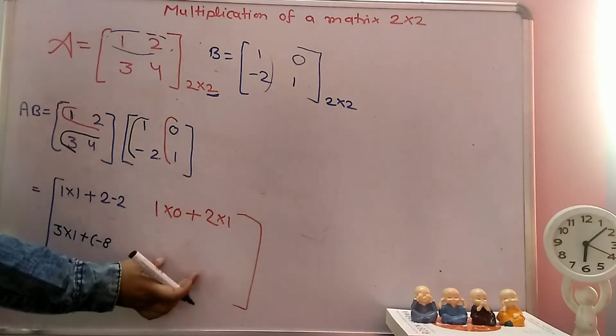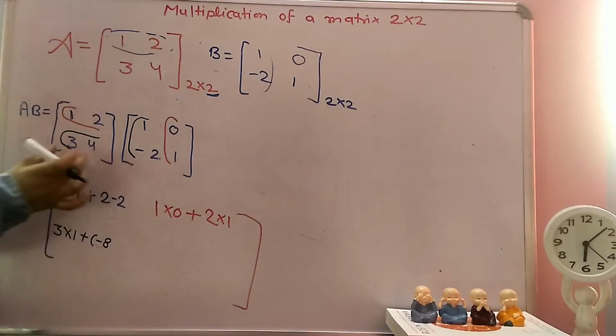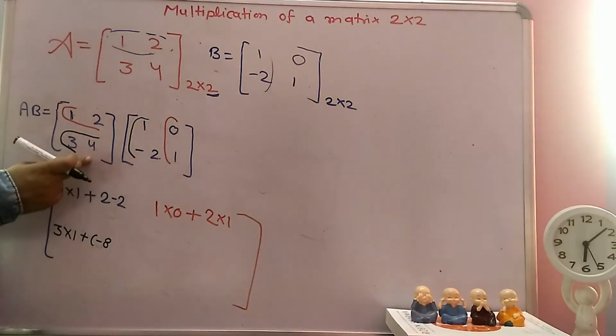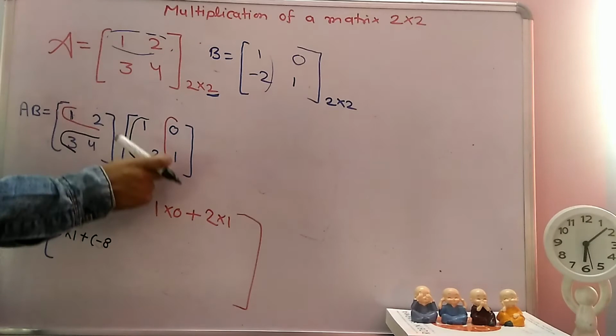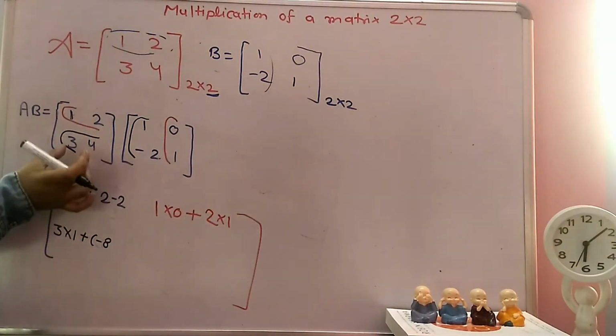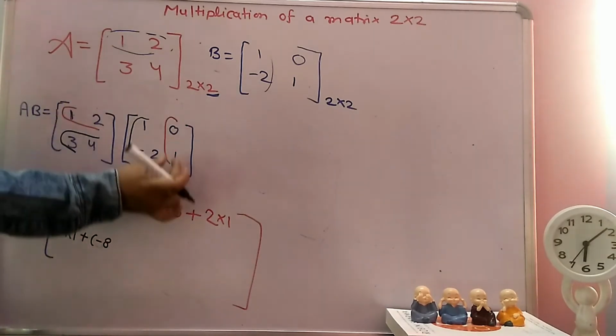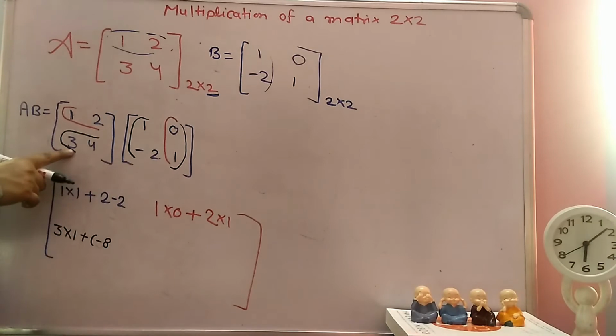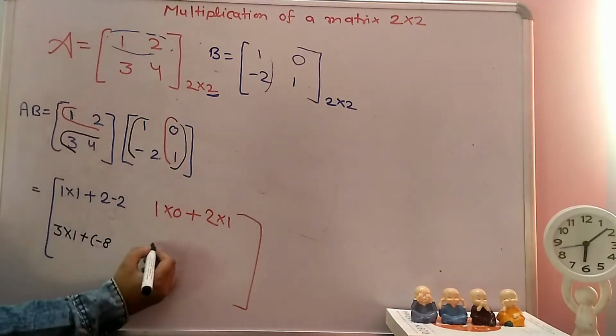Next, for this element, we take the second row of this matrix and the second column of this matrix. Okay. So 3 into 0.